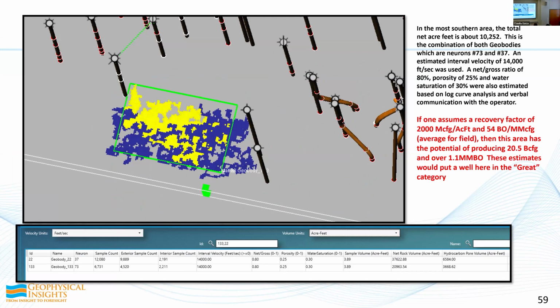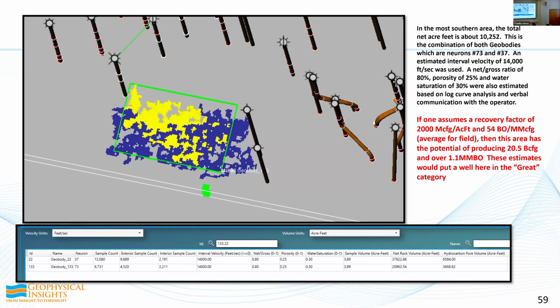And using a field average for net to gross ratio and porosity and water saturation, and velocity, I was able to come up with a calculation and looked at the field-wide production.